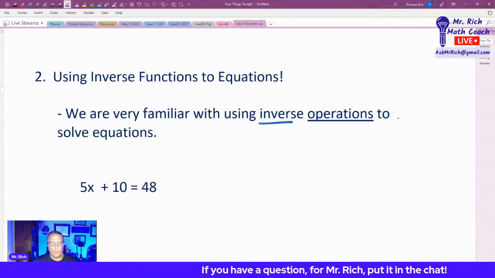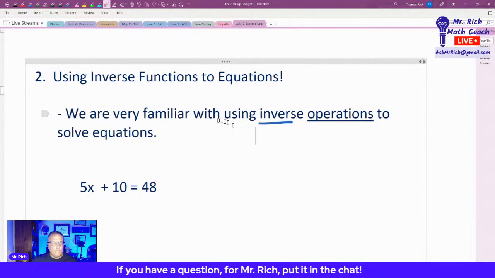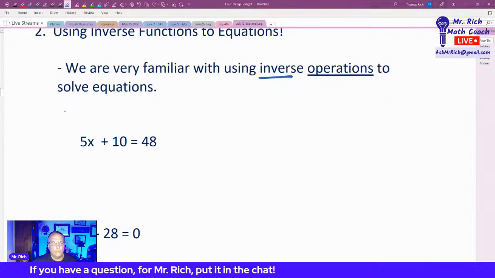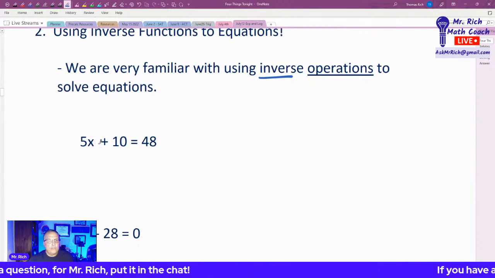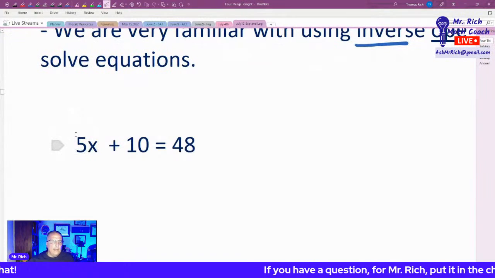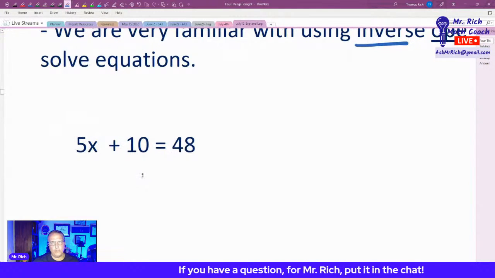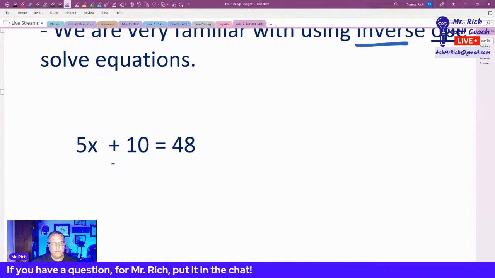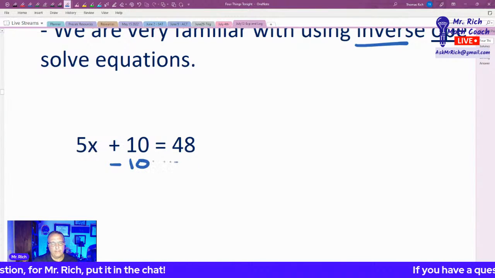But I'm talking about inverse operations to solve equations. For example, if I am doing this equation, 5x plus 10 equals 48, and I'm trying to solve it for x, I'm going to reverse the operations that have been done to the x. This is a plus 10, so I'm going to reverse that, right? The inverse operation of addition is subtraction.